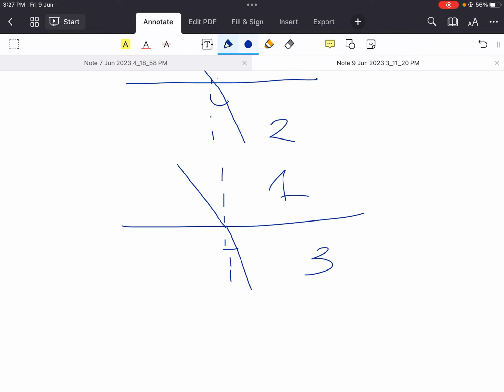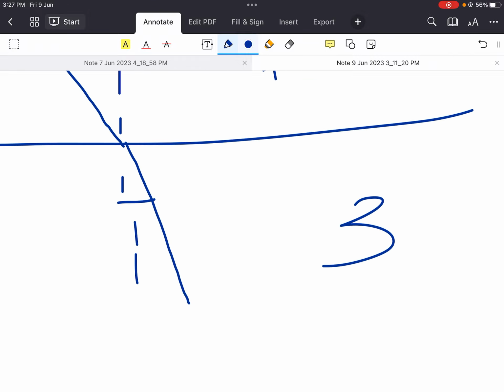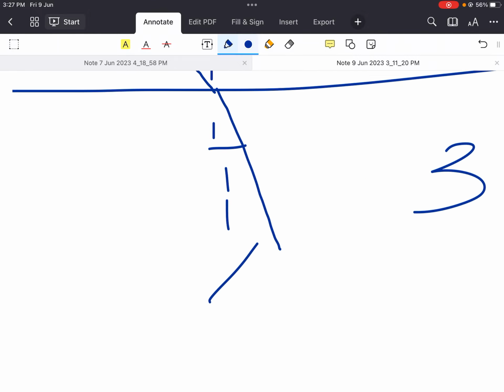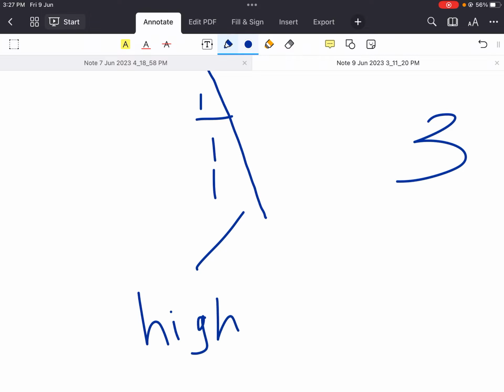This is because of refractive index. Each medium has a property called refractive index, and refractive index is essentially a value given for how much the ray is refracted by. So this is refracted more, so this has a higher refractive index.